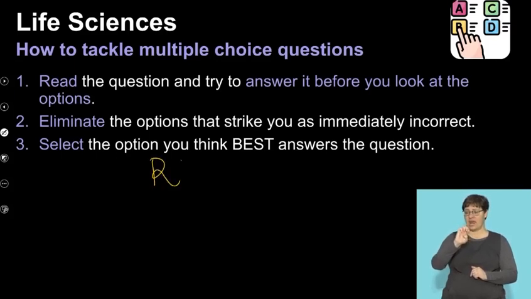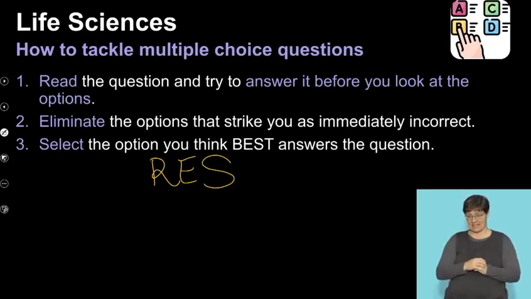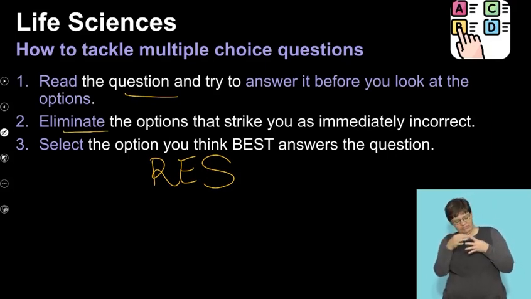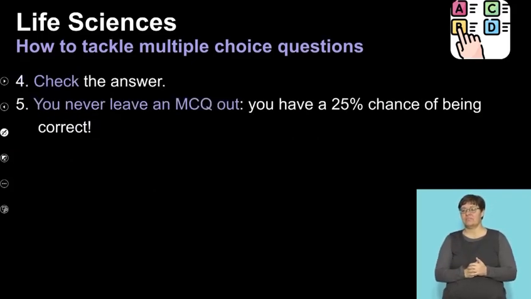RESCUE involves read, eliminate, and select. We read the question, we eliminate the options that are immediately incorrect to us, then we go and select the option that we think best answers the question.